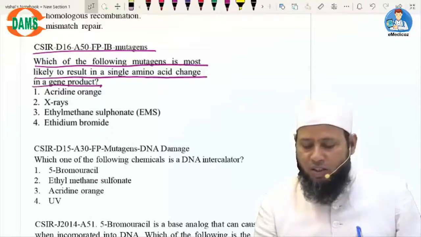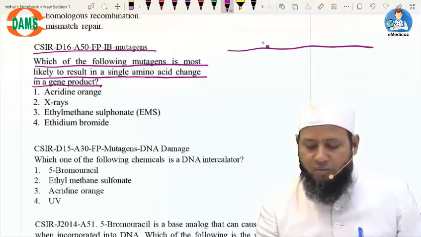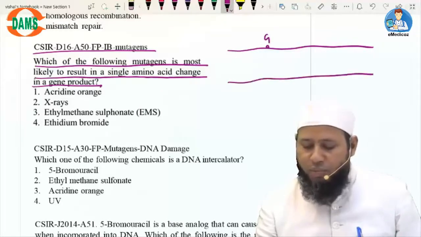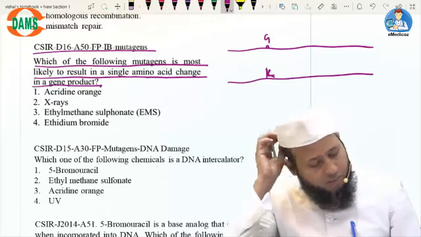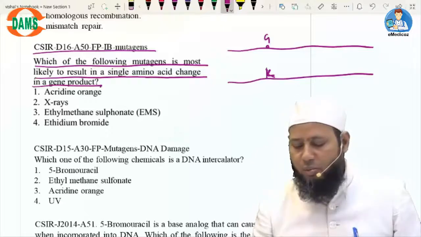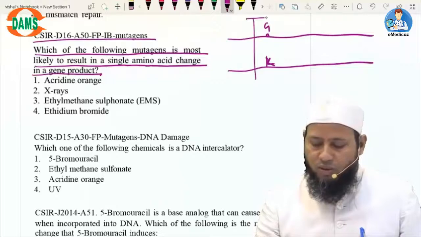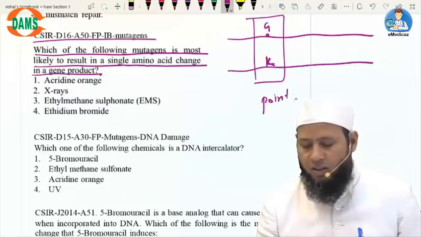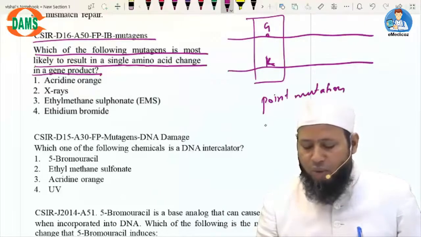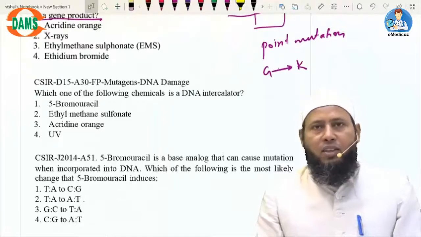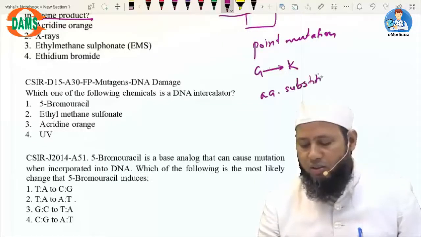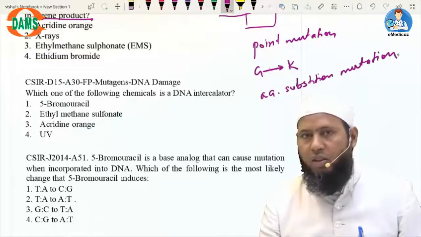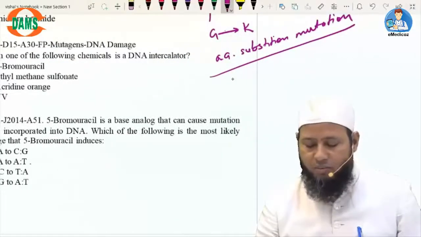So single amino acid change means, let's suppose there is a protein, and in the polypeptide this amino acid G, glycine, is replaced by lysine, represented by K. So this will be a point mutation, in which G is replaced by K. We call this an amino acid substitution mutation, and sometimes this is also called a point mutation.